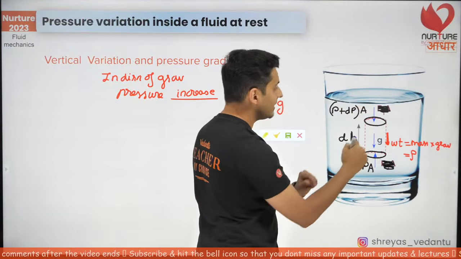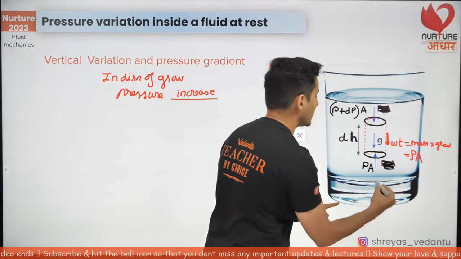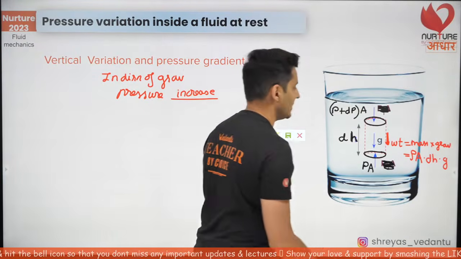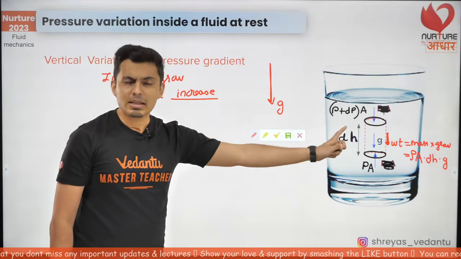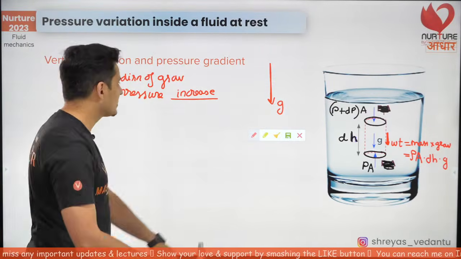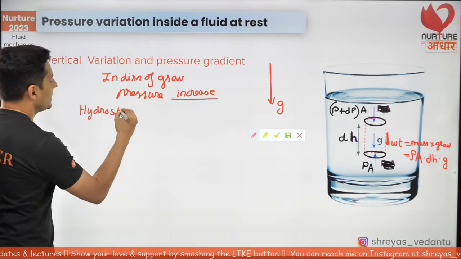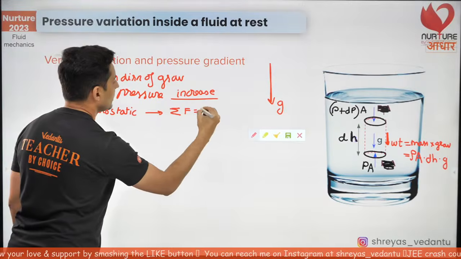Calculate the volume of that cylinder. It will be the area of cross section into the height, which is dH, and gravity is G. Now just use the concept that it is a hydrostatic fluid. Hydrostatic fluid means net force will be 0.